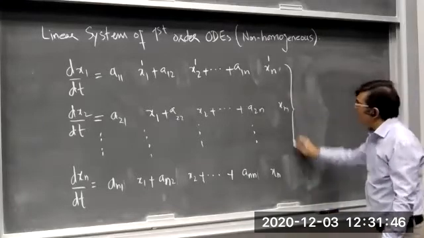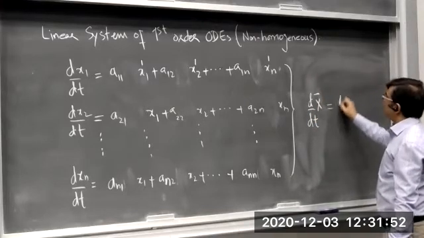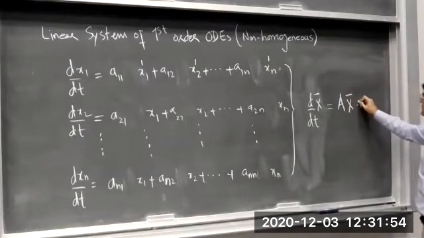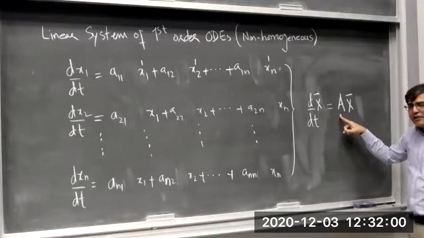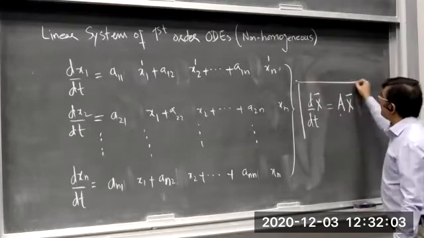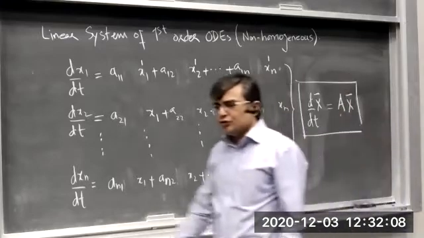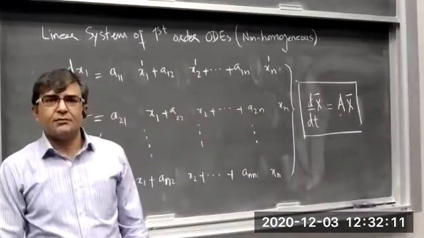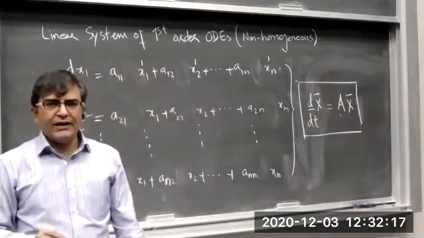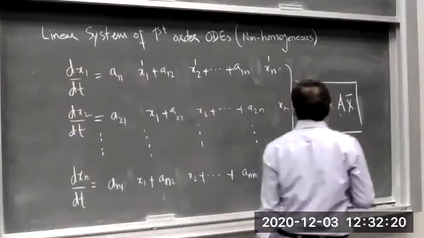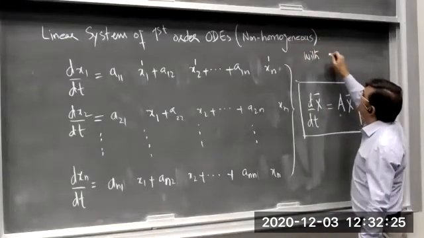This system can be written as d by dt of x equal to A times x plus 0, nothing, where A has entries which are constants. So first we shall see how to handle these kinds of systems: linear homogeneous systems of first order ODEs with constant coefficients.